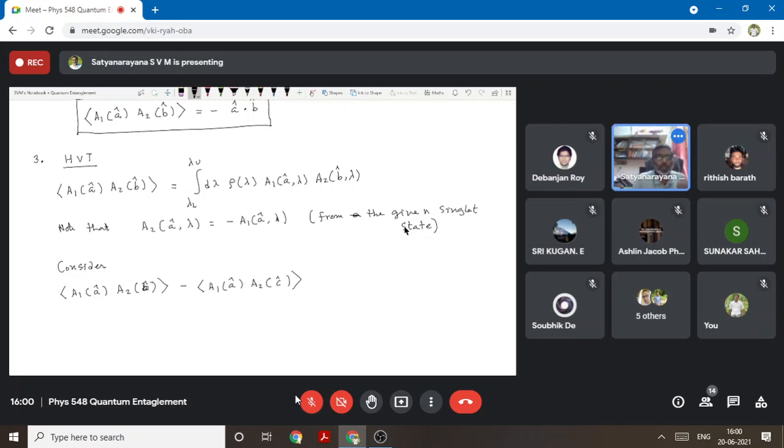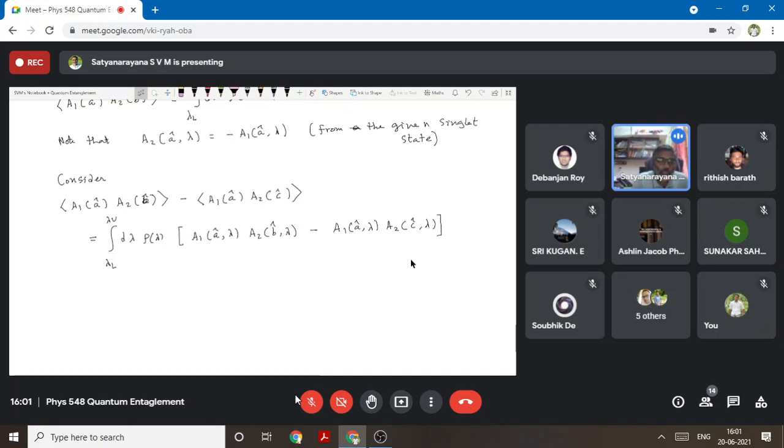If I write it like this, it will be equal to the integral from lambda L to lambda U, d lambda, rho of lambda, into A1 of A comma lambda into A2 of B comma lambda, minus A1 of A comma lambda into A2 of C comma lambda.